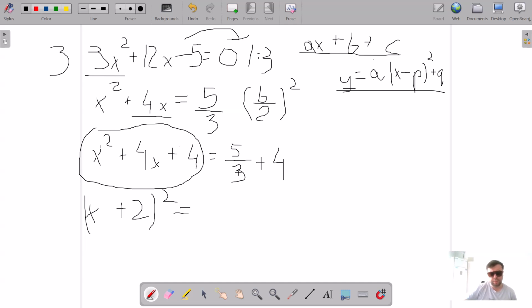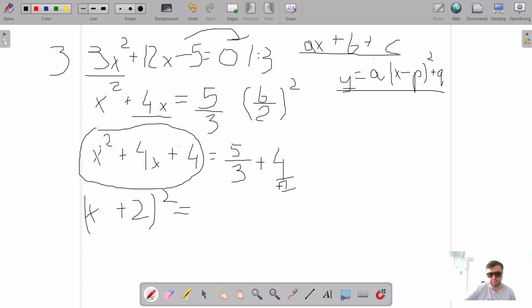So how to add 5/3 plus 4? For this we need to find the common denominator, because the denominators are different, so we cannot add these fractions. So what is the least common multiple?